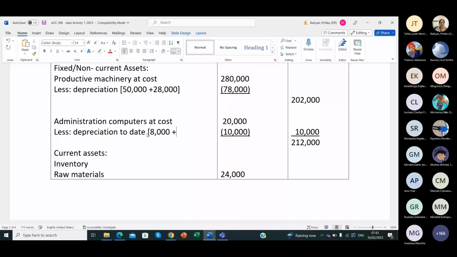So in previous year, do not count year 22 because we are the one who now preparing the accounts for 2022. So in previous year, the value of computers was depreciated 8,000 and this year by 2,000. So what is the total depreciated value up to date? 8 plus 2,000. 8 plus 2. 10,000, right?